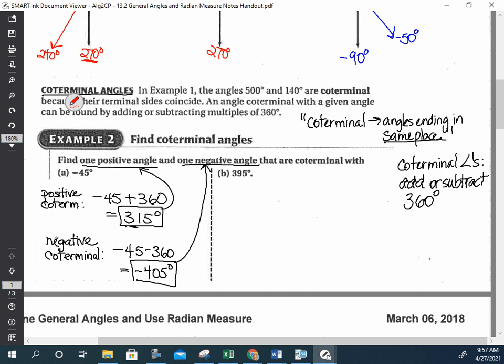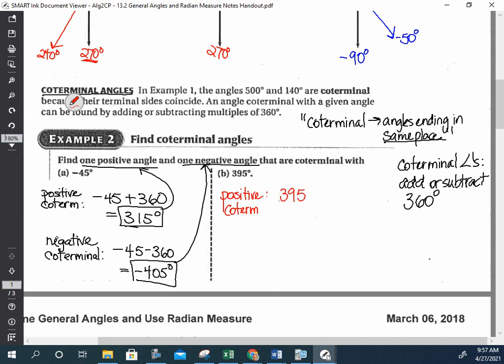So let's do one more example. We've got 395 degrees. We need one positive and we need one negative. So for the positive coterminal angle, that's easy.